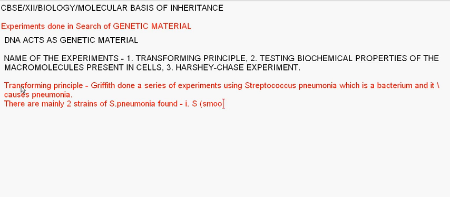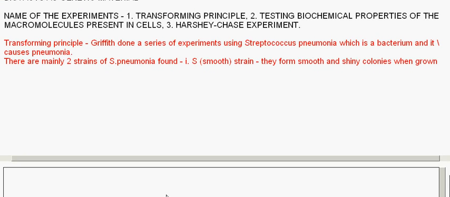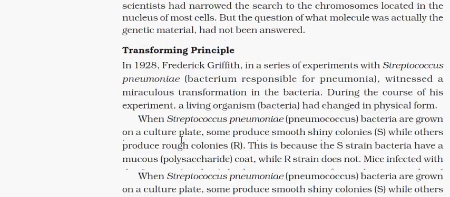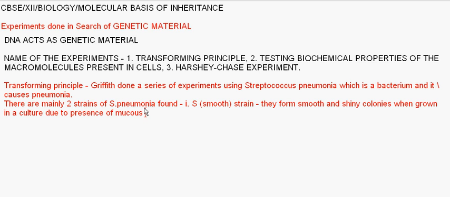They form smooth and shiny colonies when grown in a culture due to the presence of an outer mucus layer, a mucus coat made up of polysaccharide. And they cause pneumonia.